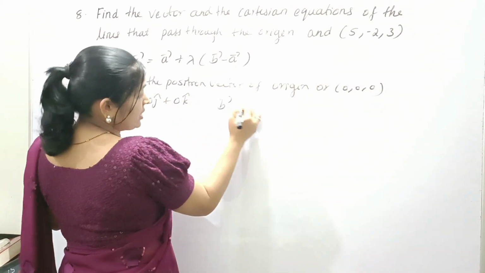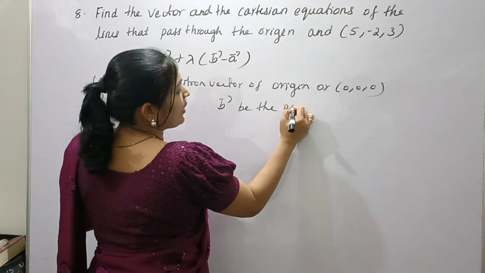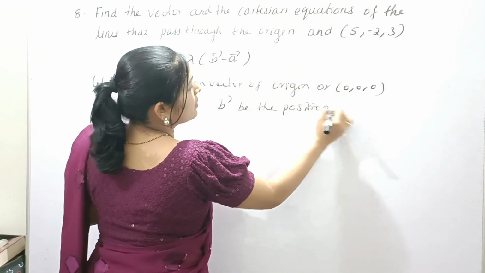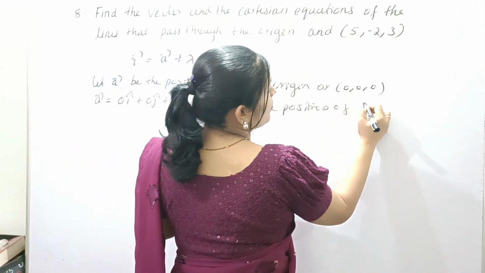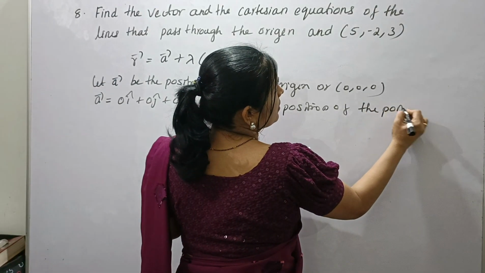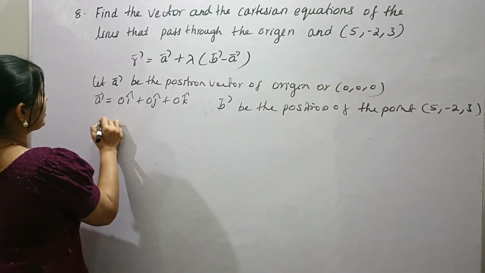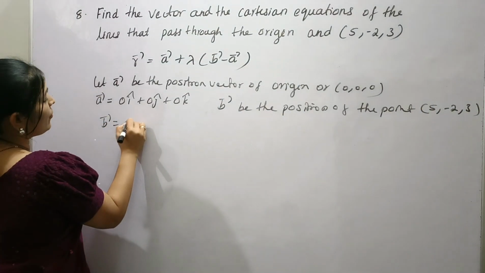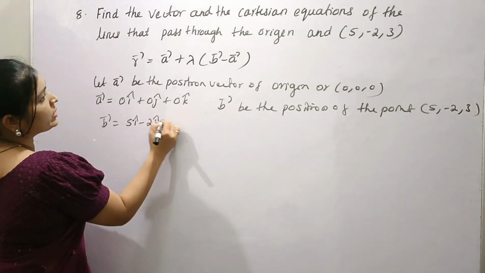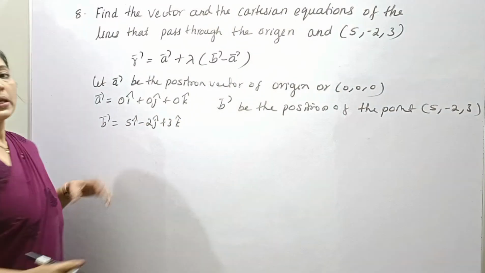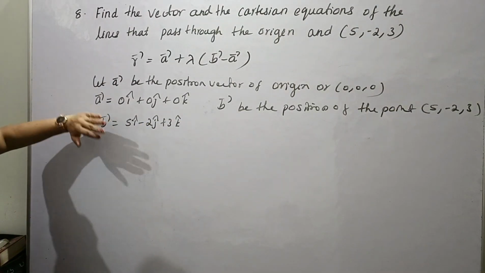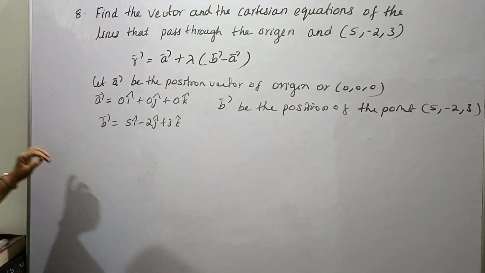And let vector b be the position vector of the point (5, -2, 3). Therefore, vector b is equal to 5i - 2j + 3k. Then substitute vector a and vector b in this equation.